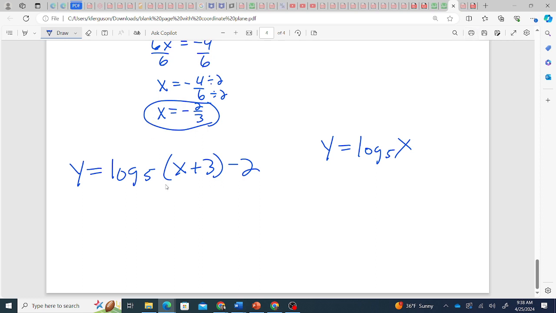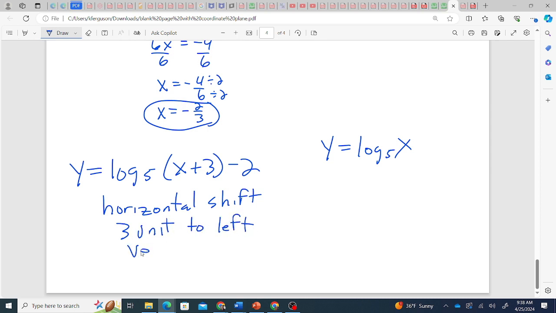What I need you to do is say it's a horizontal shift 3 units to the left, and then a vertical shift. Vertical goes up or down. The vertical shift is 2 units down.